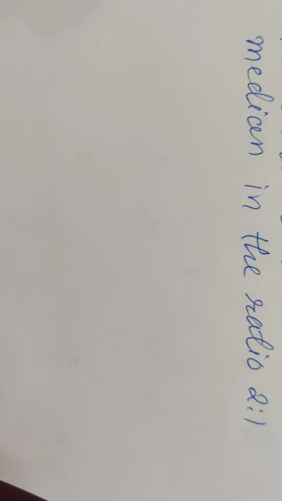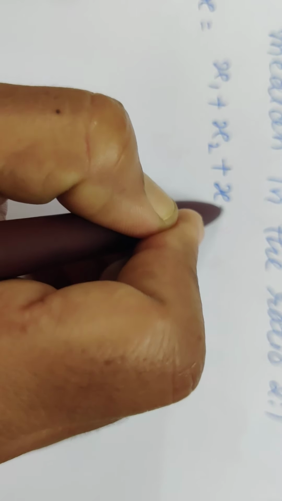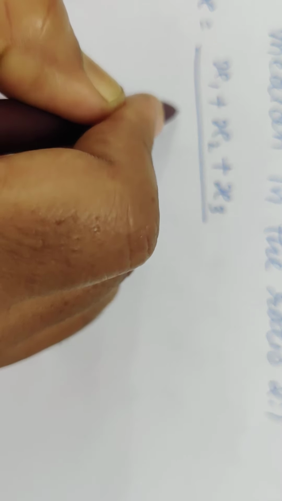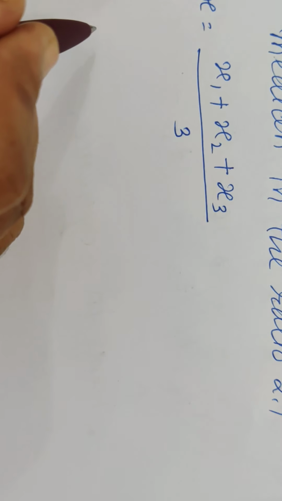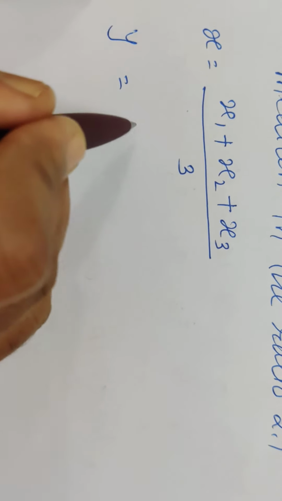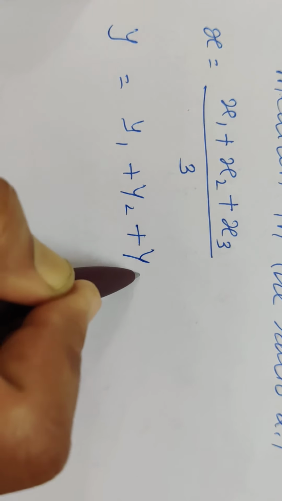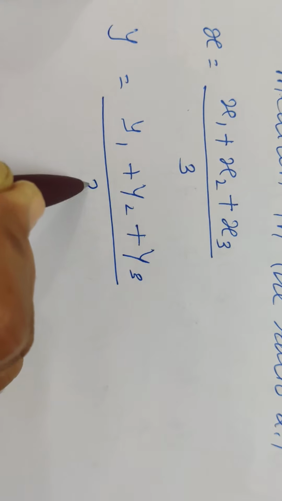To find the x coordinate of the centroid, the formula is x equals x1 plus x2 plus x3 upon 3. And to find the y coordinate, the formula is y equals y1 plus y2 plus y3 upon 3.